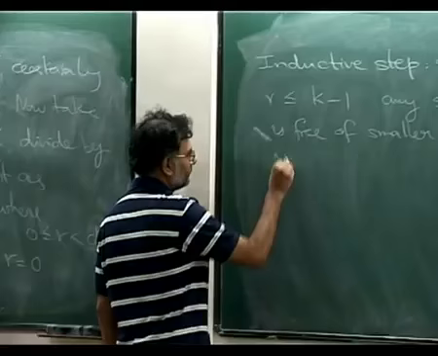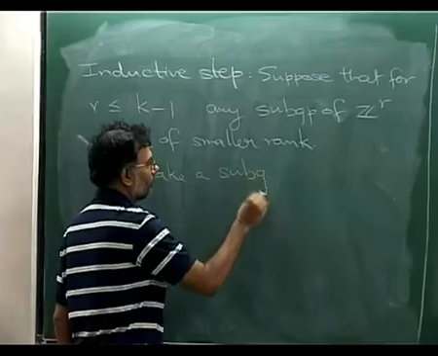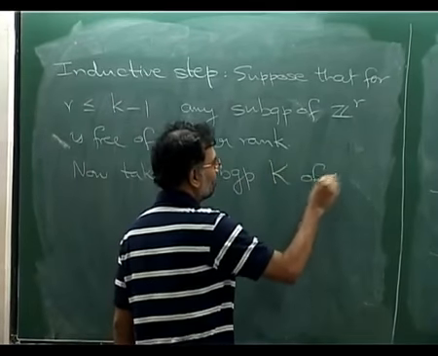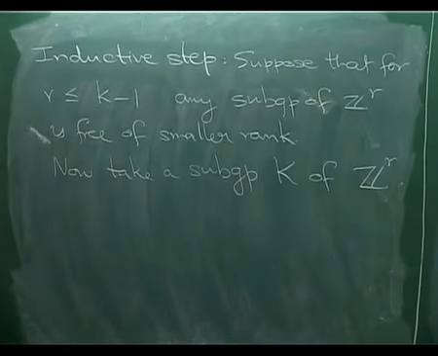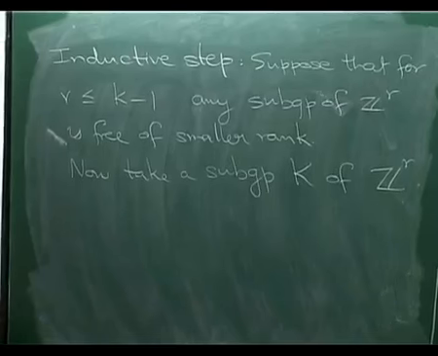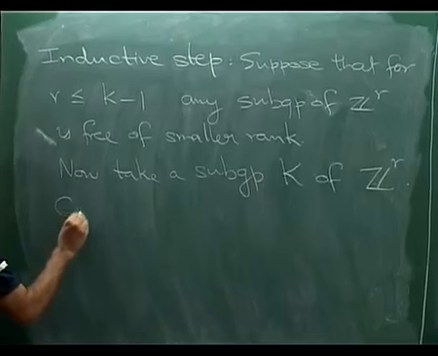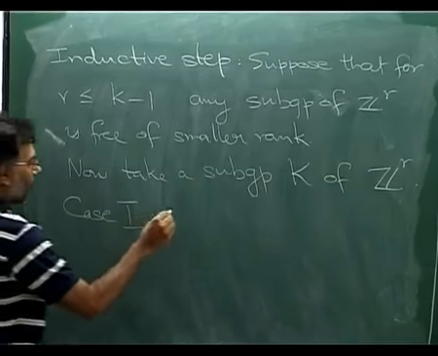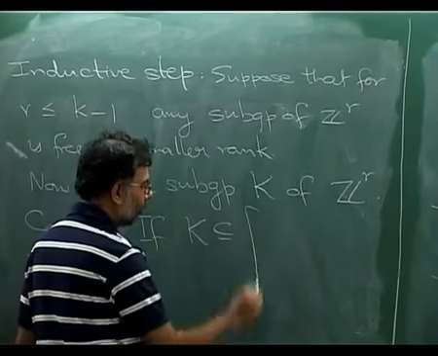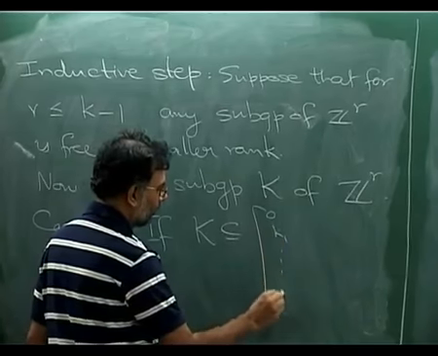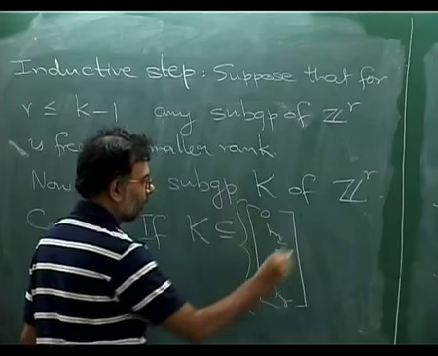Now take a subgroup K of Z^R. We will consider two cases. So what is Z^R? Z^R consists of all R-tuples of elements of Z. So case 1.